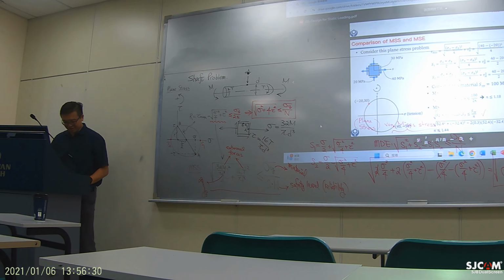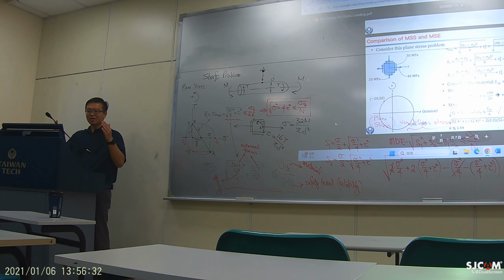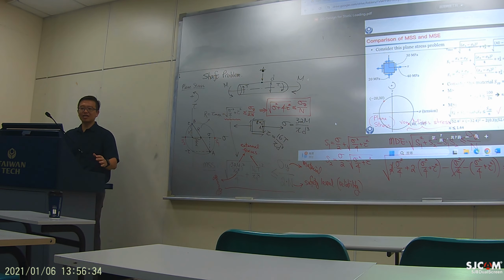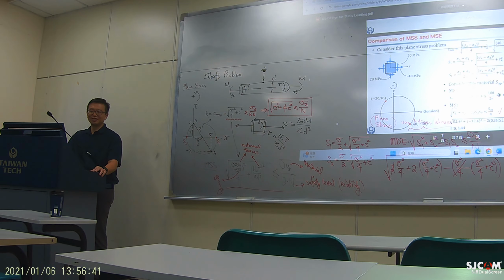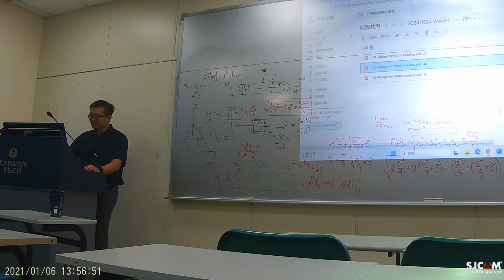So for static loading, basically all I'm going to cover are just three different equations: maximum shear stress, maximum strain energy, and maximum distortion energy. That's all. Actually, I'm done with the lecture for this particular part.